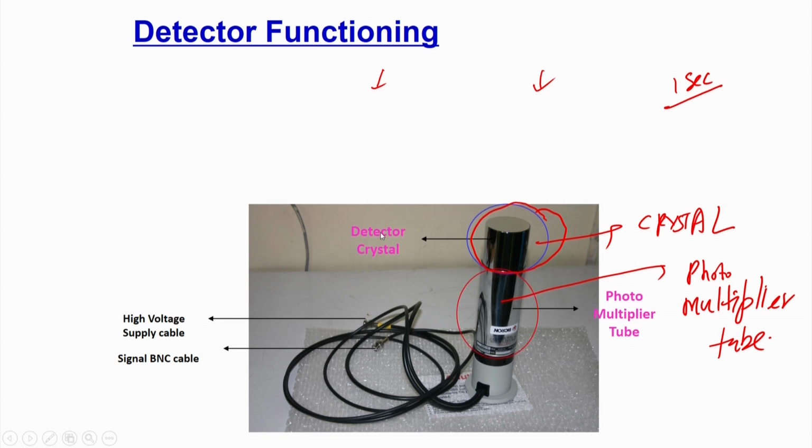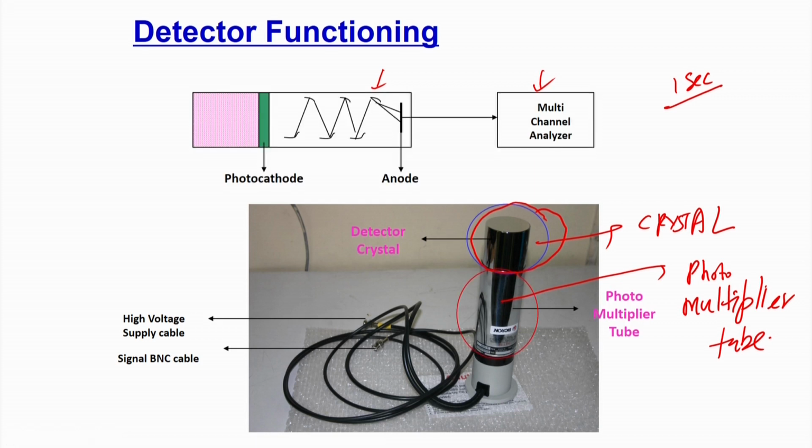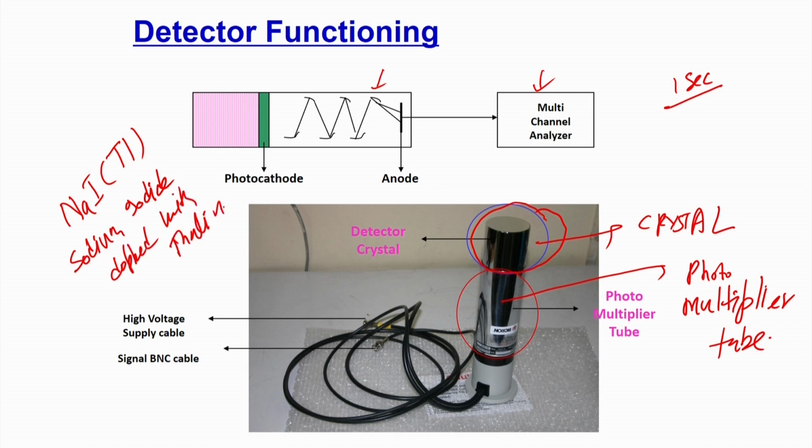Okay. So, this is the way the scintillation detectors work, and there is a crystal inside. There are different types of crystals available in the market for different types of detectors, but most of the time we use NaI(Tl), which means sodium iodide doped with thallium, as a scintillation detector.